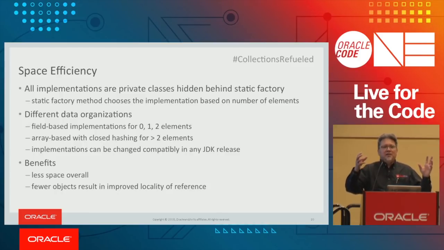So I said earlier that these collections are slower than hash map, and they are. If you benchmark them, they are. However, they're not that much slower, because we hope that the fact that they're using less memory, and memory that is more localized, will prevent cache misses.